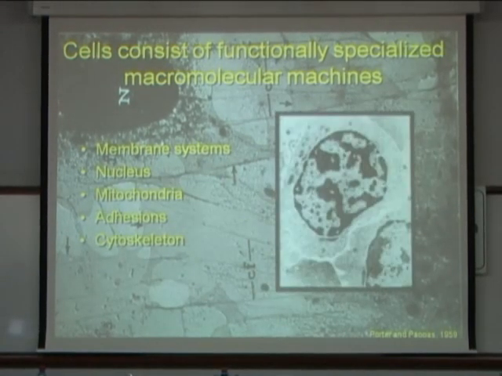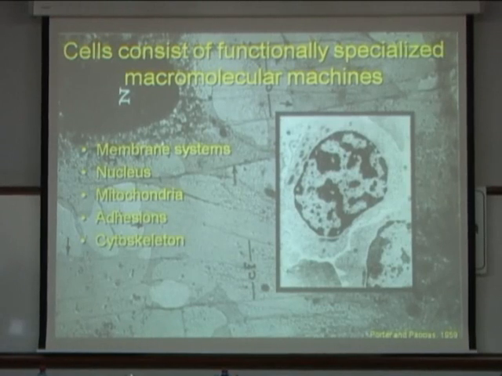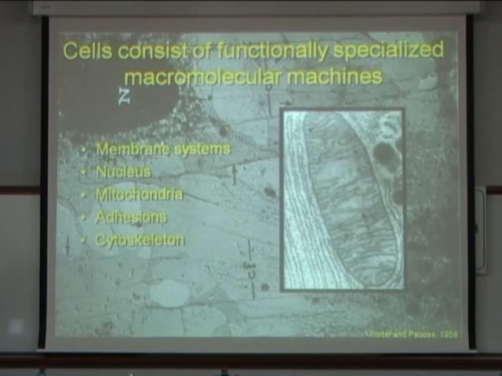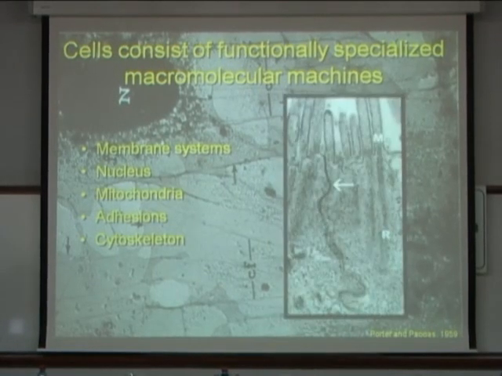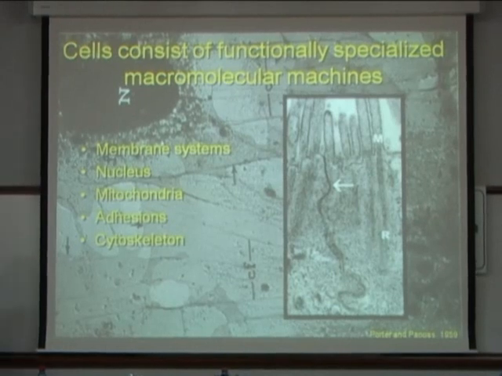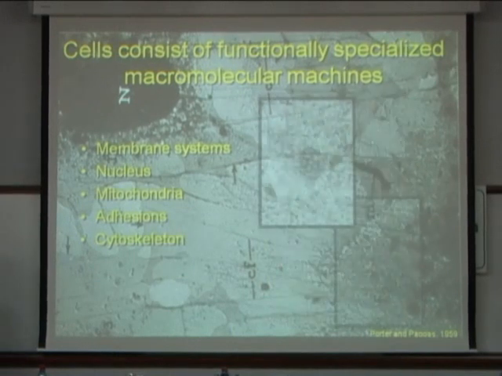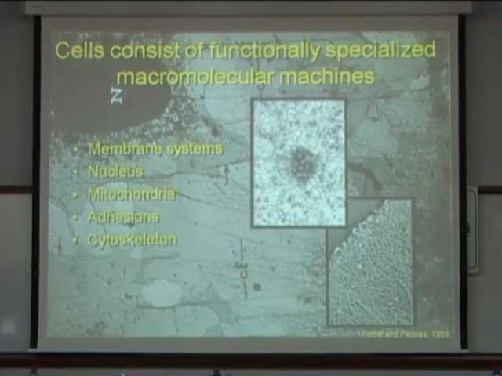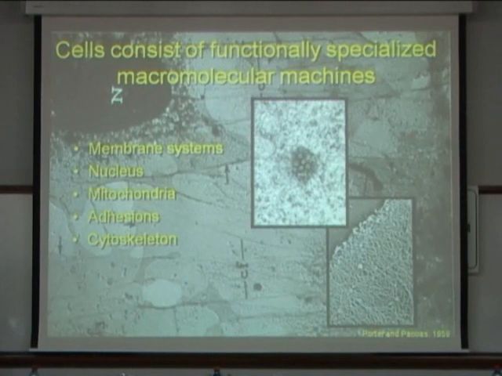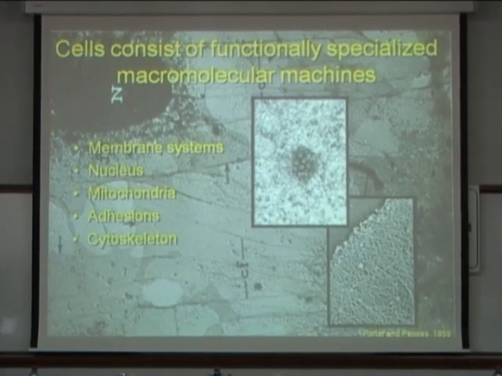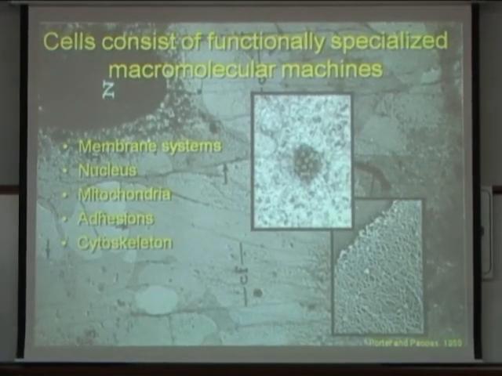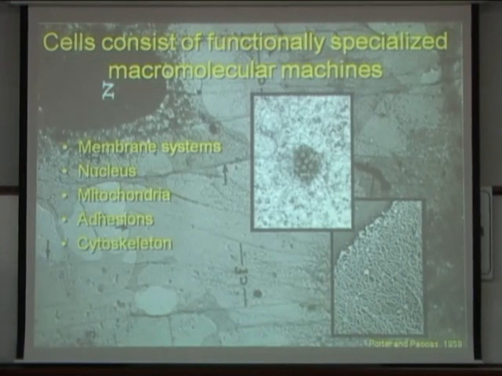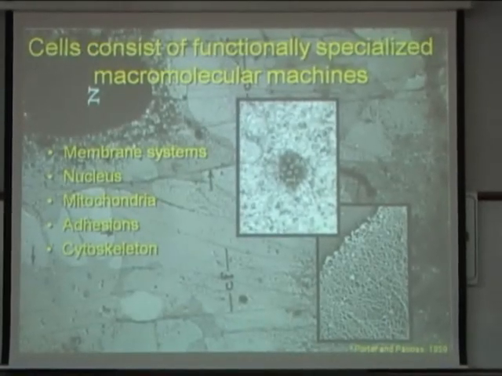The nucleus, where transcription of genes is controlled. The mitochondria that provide energy to all of these processes. The adhesive organelles that mediate the interaction of the cell with its extracellular environment, including other cells. As well as the cytoskeletal systems that basically provide the primary structural supporting system that determines the shape, stiffness, and physical characteristics of the cell.